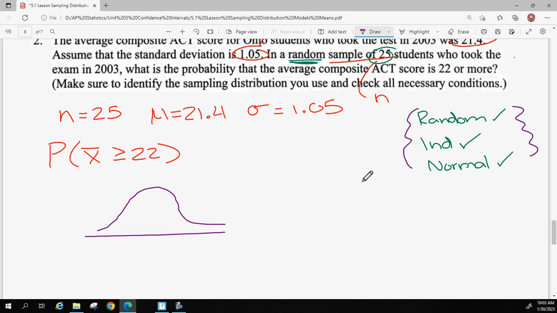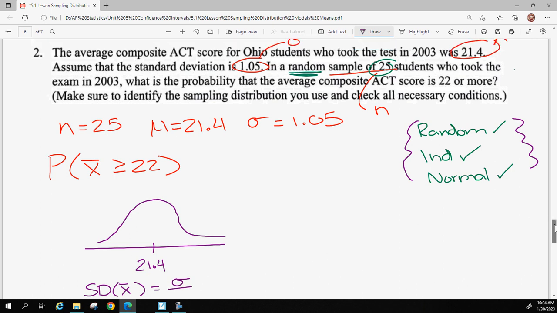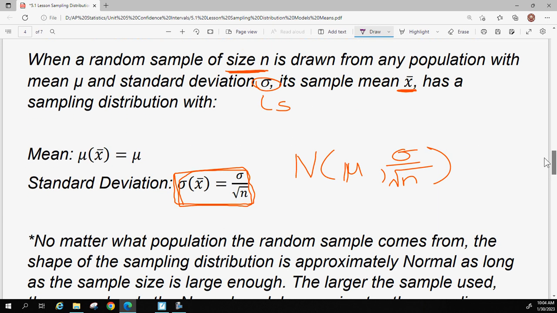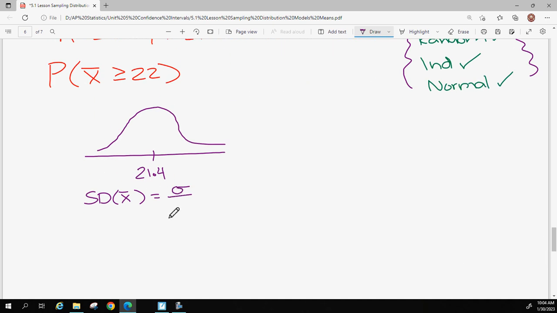That means if we keep sampling 25 students and finding their average composite score and putting them on a distribution, it should be approximately normal, where the mean is the population mean, and the standard deviation of our distribution of means is our population standard deviation divided by the square root of our sample size.